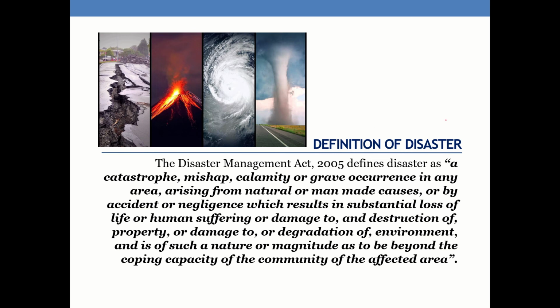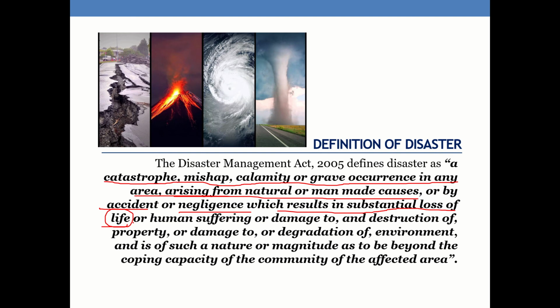So it is in line with what we have seen previously, three definitions. But this is more relevant for us because it is there in the act. So what does it say? It says a disaster is a catastrophe, mishap or calamity or grave occurrence in any area arising from natural or man-made causes, or by accident or by negligence, which results in substantial loss of life.